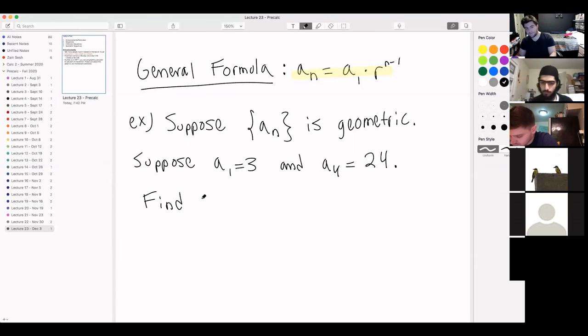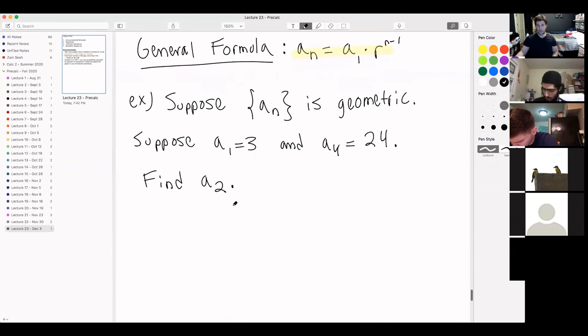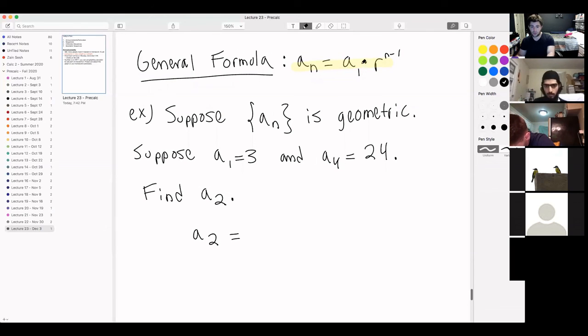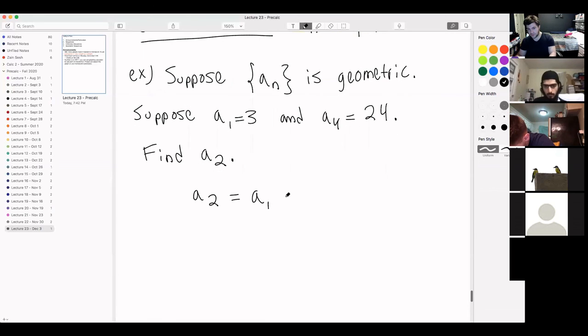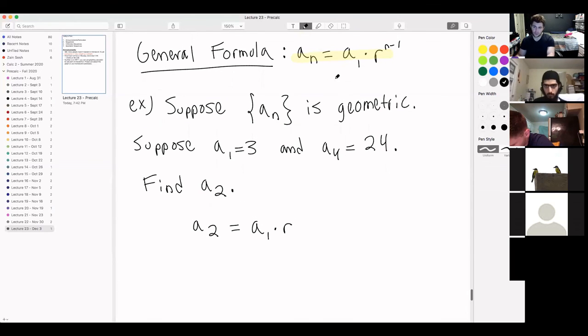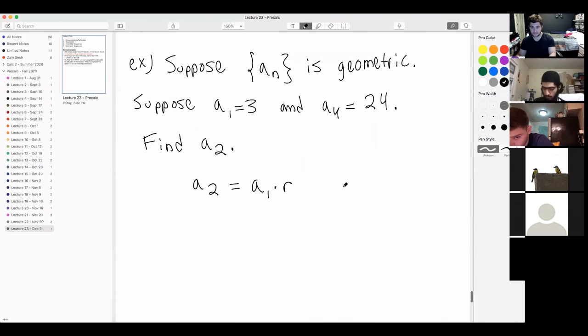And you would like to find a sub 2. Okay, so firstly, by the formula, a sub 2 is equal to a sub 1 times r to the first power. I'm using this formula with n equals 2. That's how I'm getting this.